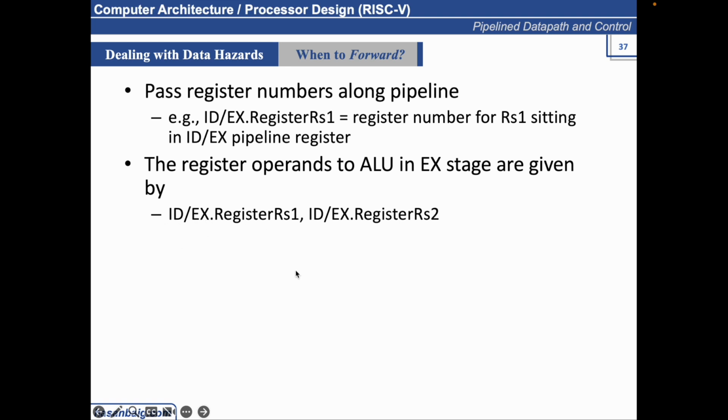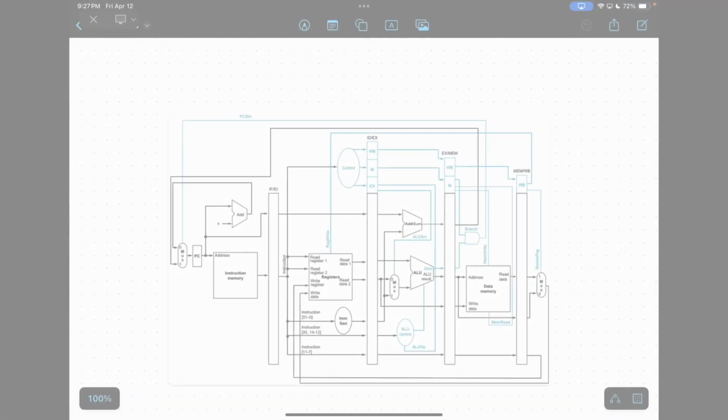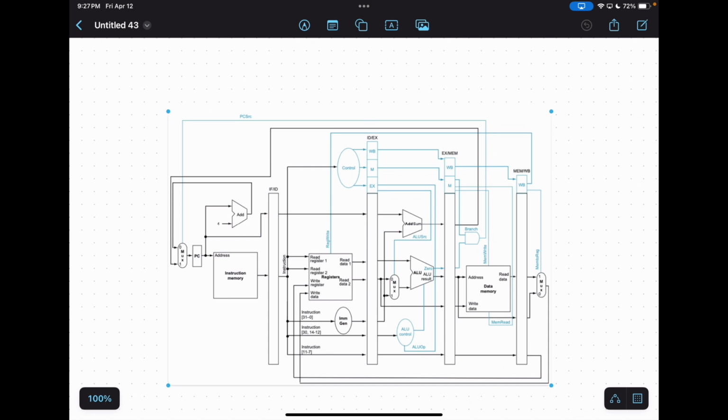If I were to give you an example, let me pull up the whiteboard. Let's take the same example: sub x2, x1, x3. Here x2 is also used in the next instruction, which is, let's say, add x6, x2, x7.